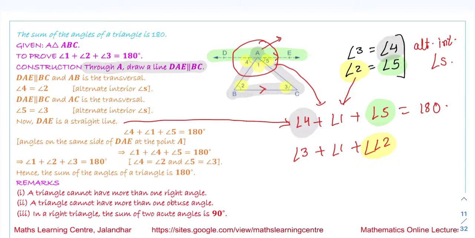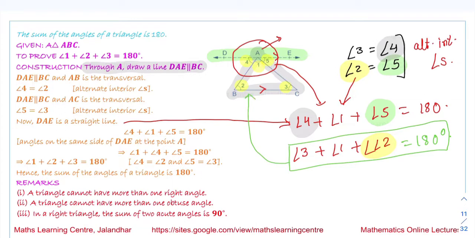So what we get is angle 3 plus angle 1 plus angle 2 equal to 180 degrees, and this is what we had to prove: the sum of the 3 angles of a triangle is 180 degrees.